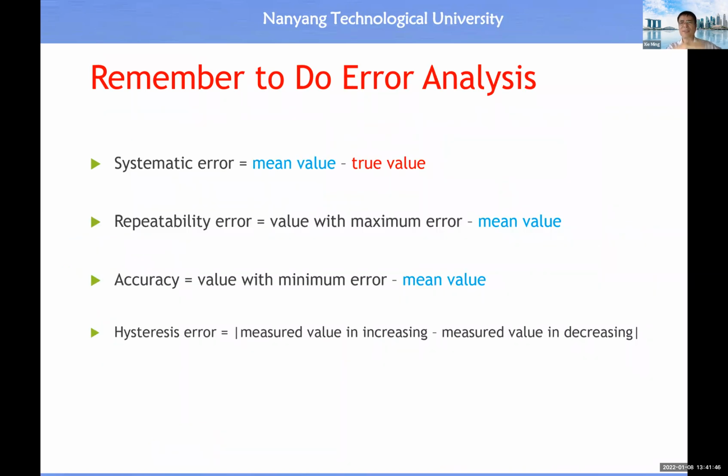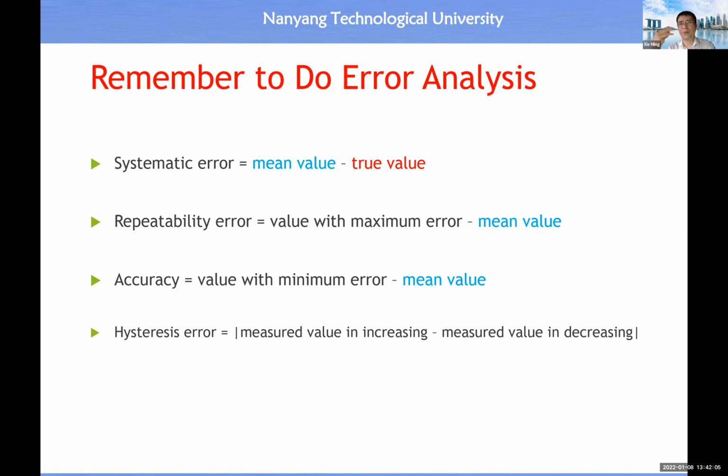Then after calibration, you can do some testing. You supply a single source vibration signal to your sensor, then repeatedly read the output, let's say 100 times, 200 times.